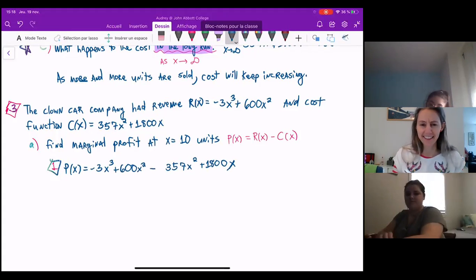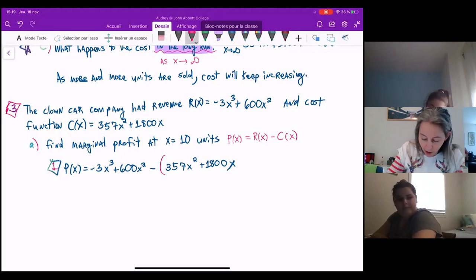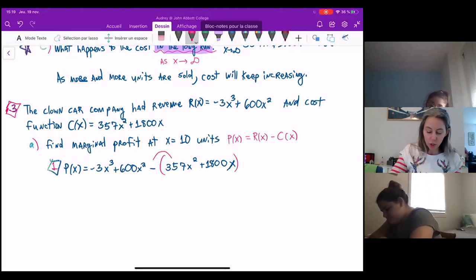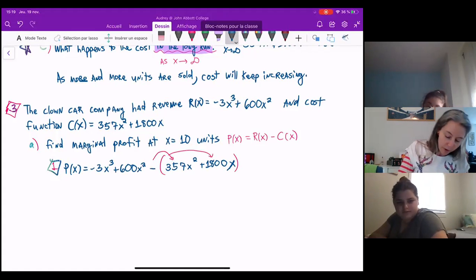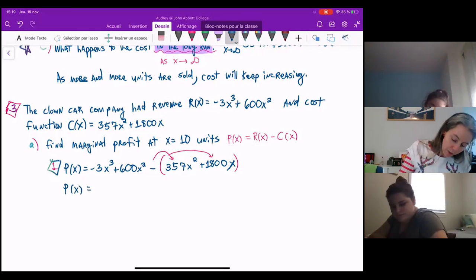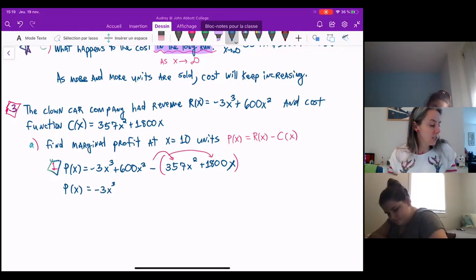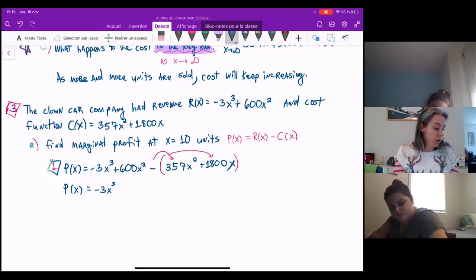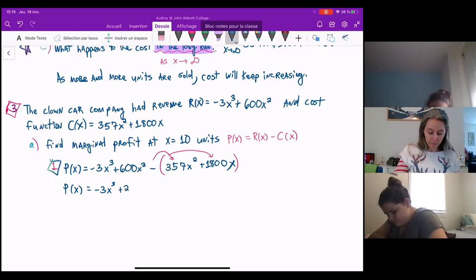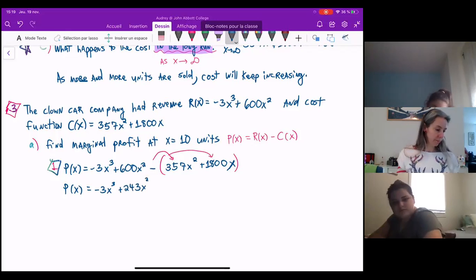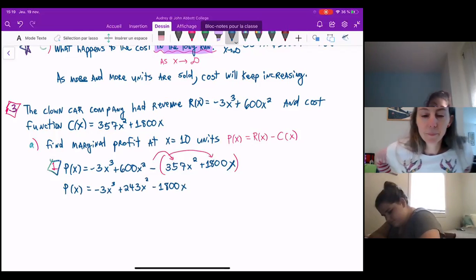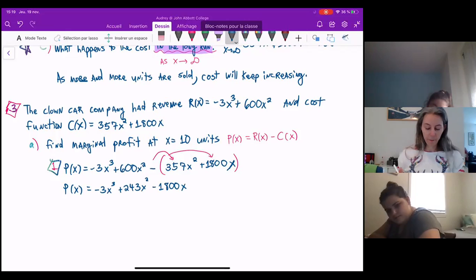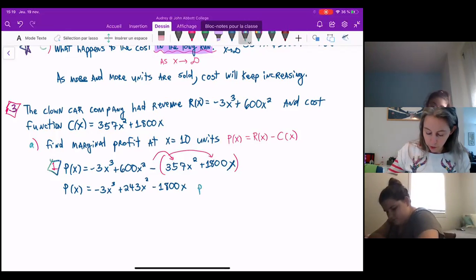Brackets. You guys are getting good at this. Brackets. I'm subtracting the whole thing. That minus sign gets distributed to the inside. So I end up with my profit function is equal to minus 3x cubed plus 600x squared minus 357x squared, then minus 1800x.